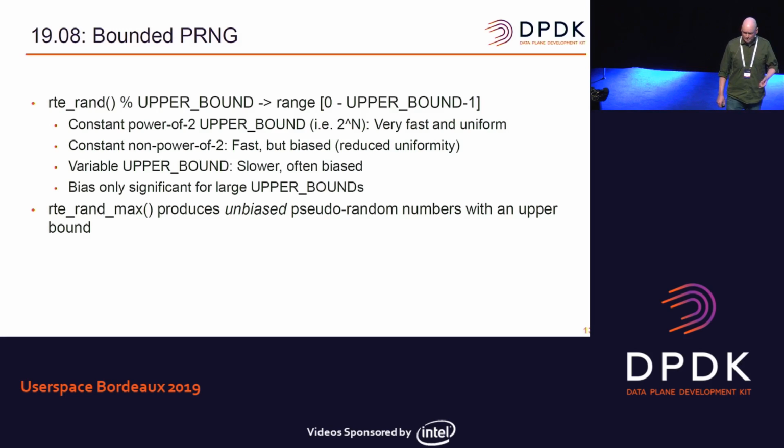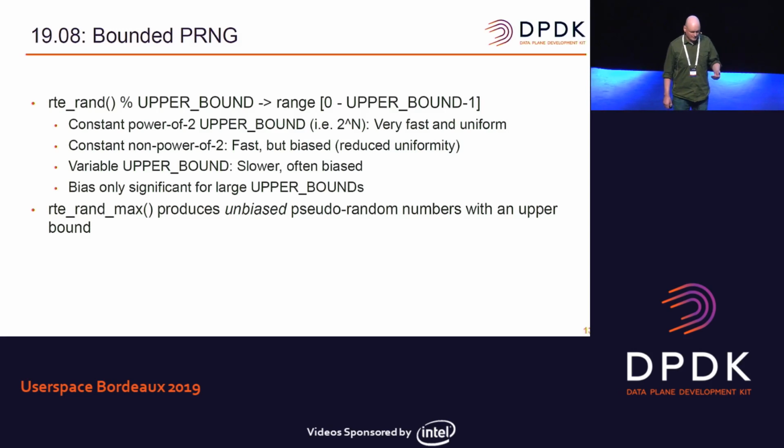If you have a constant power of 2, it's really fast, and it produces a uniform number. If you have a constant but not a power of 2, then it's still pretty fast because the compiler can do, I think it's called strength reduction, so you don't have a div instruction. So it's not quite as fast, but still fast.